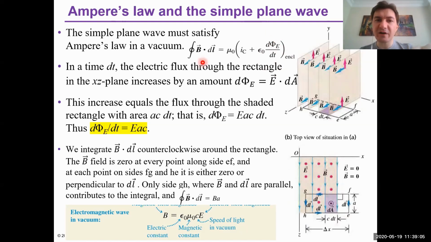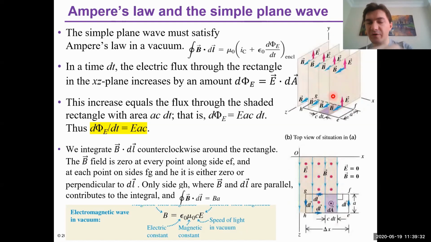Now let's try to deal with the left part of Ampere's law. If you look from the top, you will see it like this. These points are the direction of the electric field. This is the x-axis, z-axis, and this is the xz plane.